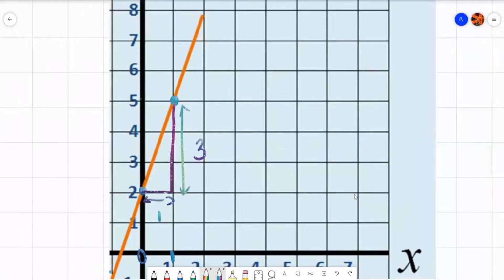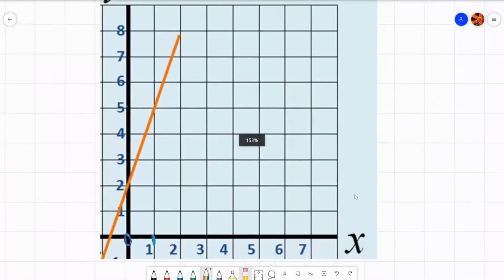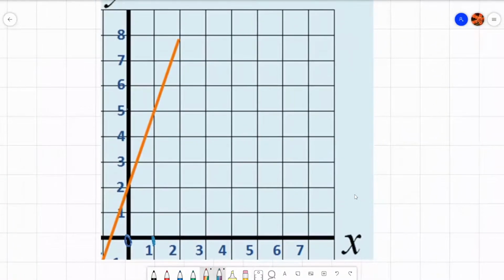I've got a line here. What we need to do is find a coordinate on our line, so it has to lie on that line. For example, I can't pick 4, 1 because that coordinate doesn't lie on my line.